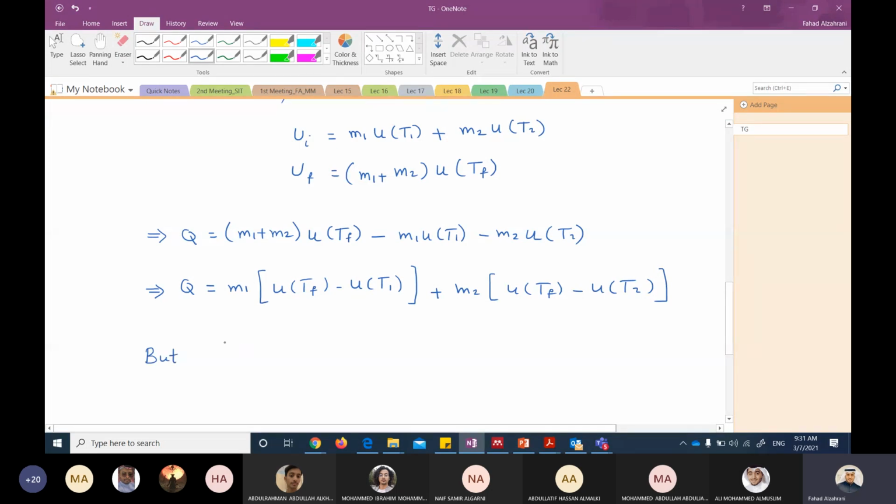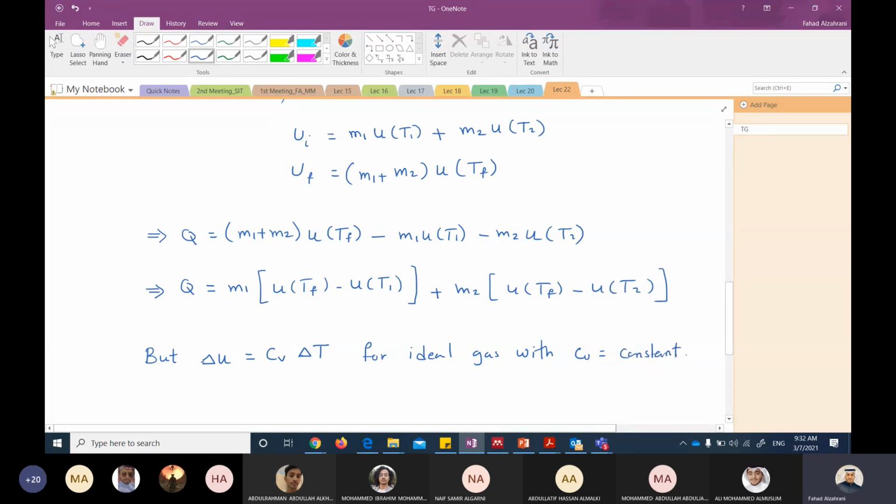For a constant specific heat ideal gas, what do we know? We know that delta U equals CV delta T for an ideal gas with CV equals constant.